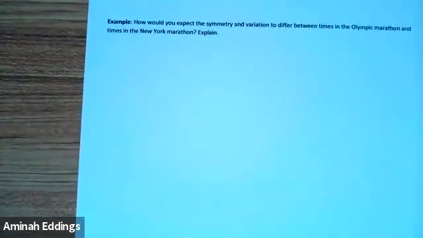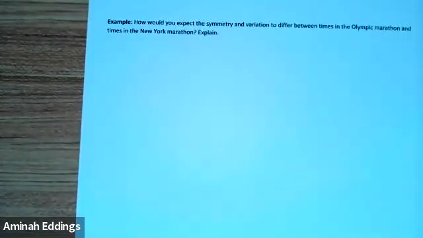Excellent. Very good, Trisha. That is correct, and that's a perfect explanation. If we think about the Olympics, as she said, people have to make a qualifying time. So in the Olympic marathon, these are competitors and they're all going to be within the same amount of time.